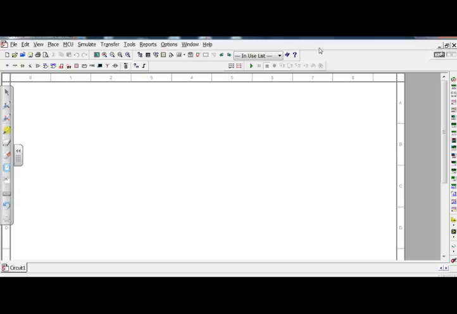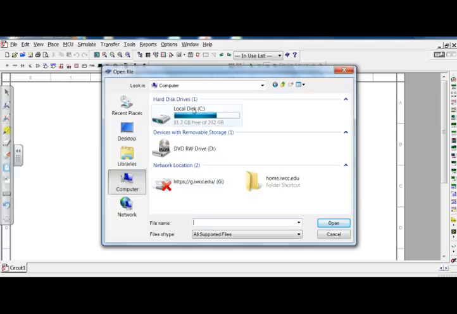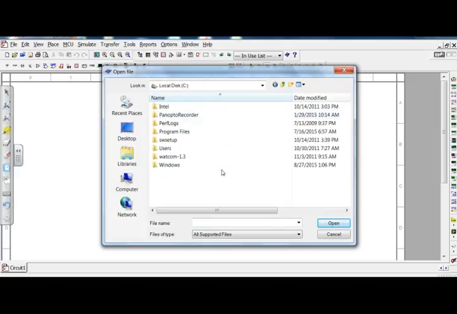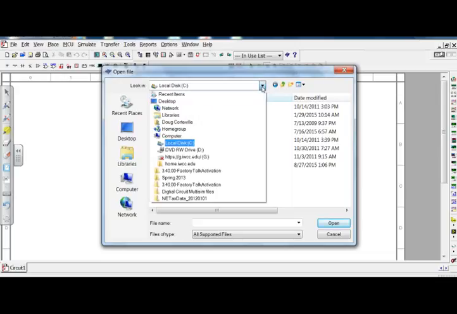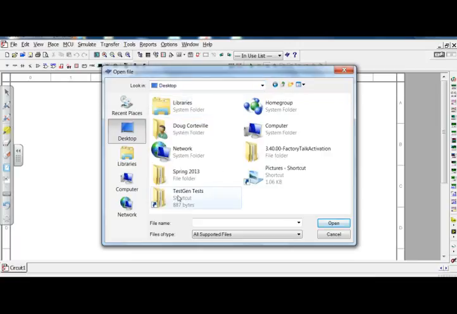Let's see, we're supposed to open circuit 2-3. File, open, my computer, the C drive. Where's the desktop? Desktop, there it is. Is that the TestGen program?